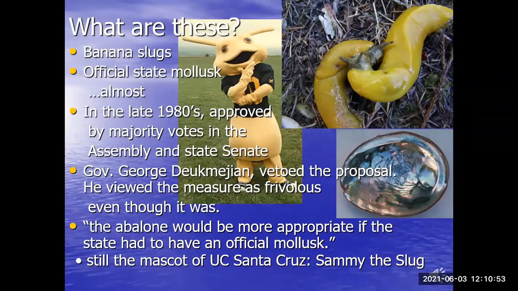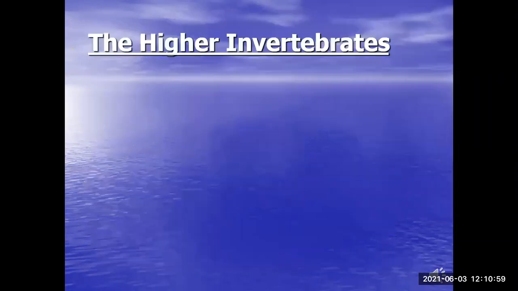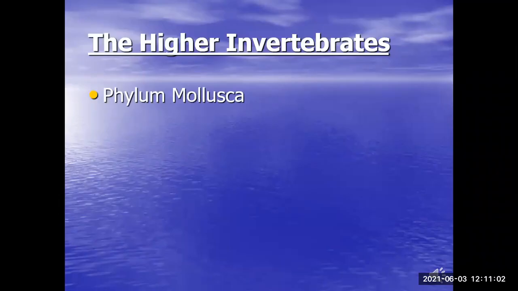So let's begin. There are 4 different groups in the higher invertebrates. There's the phylum Mollusca, the soft-bodied animals. Then we'll take a look at the phylum Annelida, which is the third of the 3 worm phyla. And we'll take a look at the phylum Arthropoda, which is a huge group.